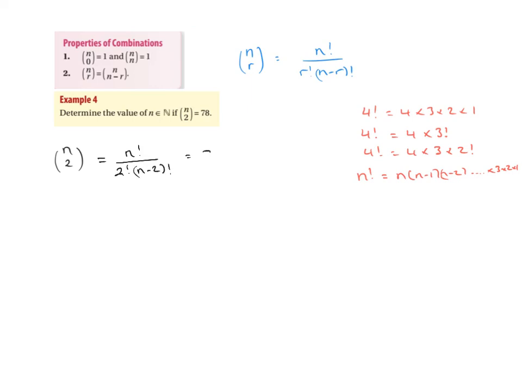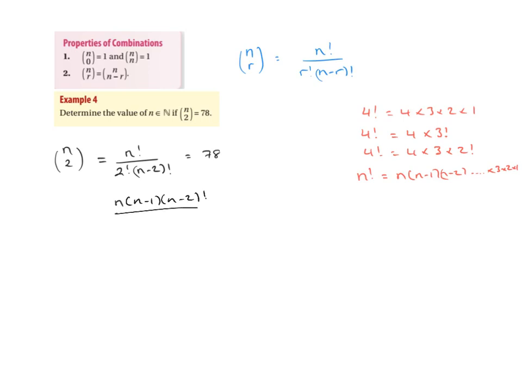We know that that is equal to 78 because we're told that in the question. I'm going to change n factorial, because we said that we can change it, to n times n minus 1 times n minus 2 factorial.